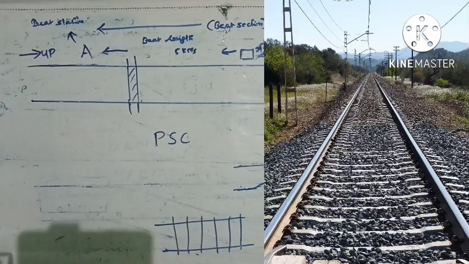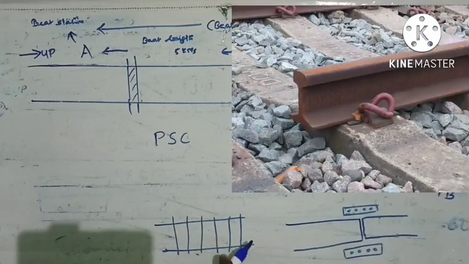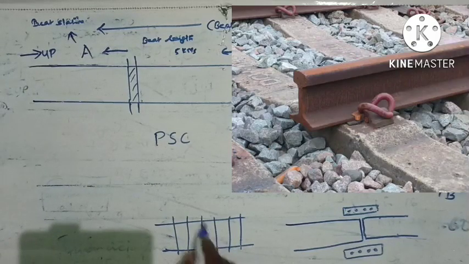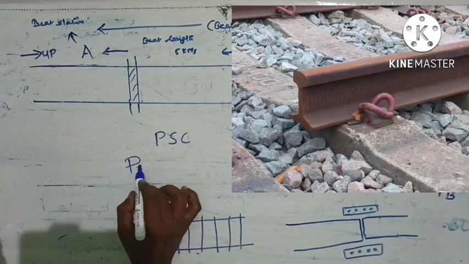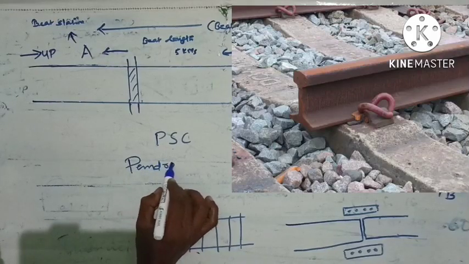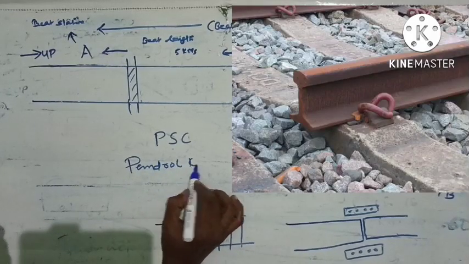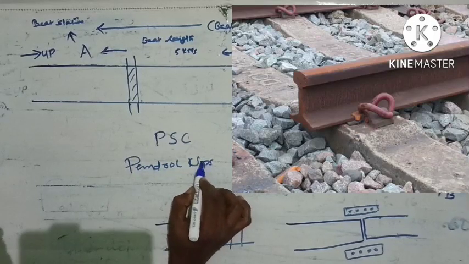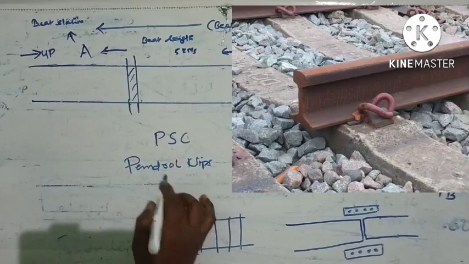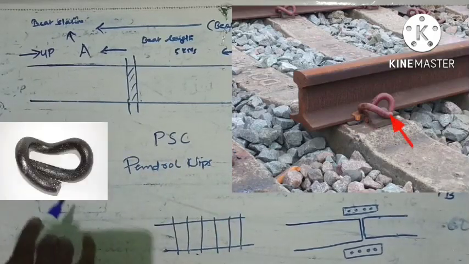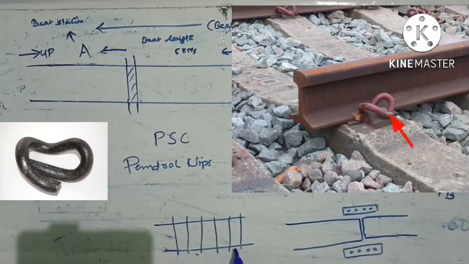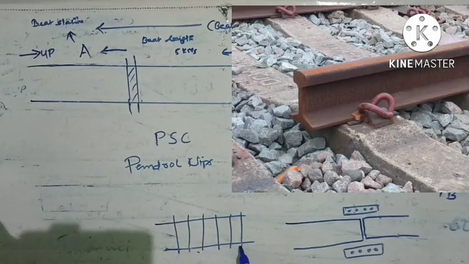Pre-stressed concrete sleepers are used, and these sleepers are fixed to the rails using clips. These clips are called Pandrol clips. Pandrol clips will be like this, and using these clips, the rail and sleepers are connected.